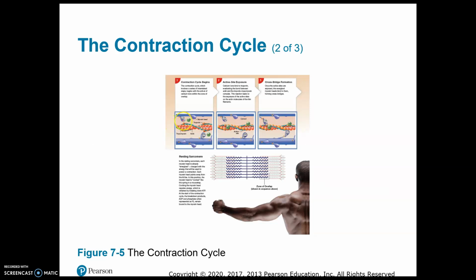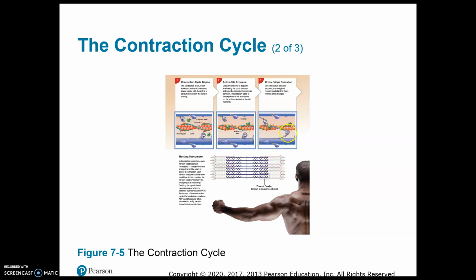And once that action potential reaches the T-tubules, calcium will be released from the terminal cisternae. That calcium is going to bind to troponin. Remember, troponin is holding the tropomyosin in place, so it will cover the active sites. Calcium is going to bind to troponin. The tropomyosin will move out of the way, and the active sites will be exposed.